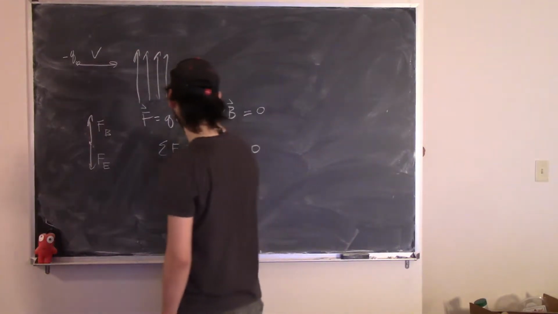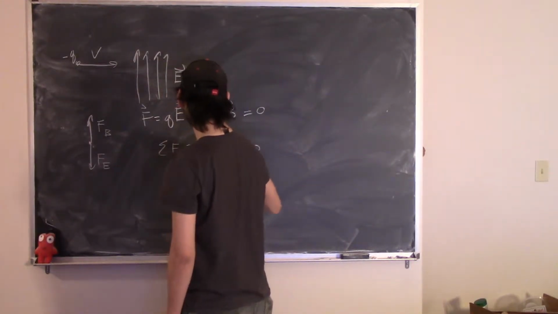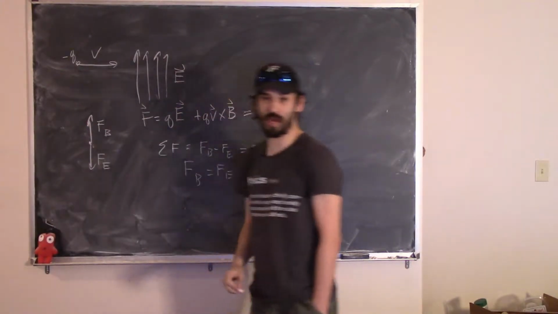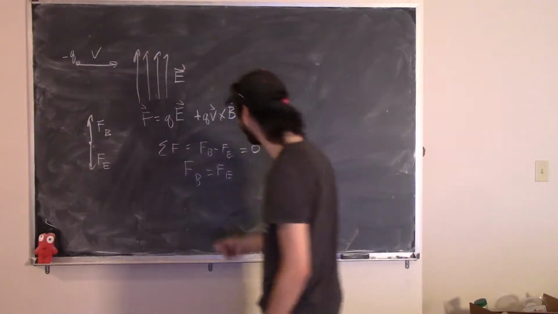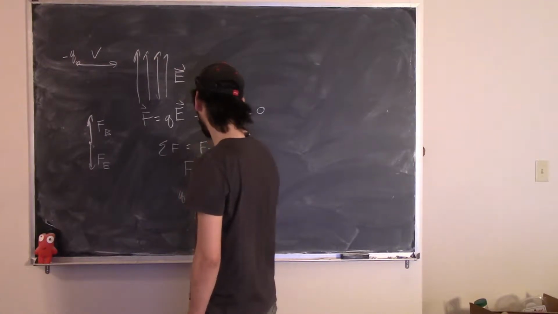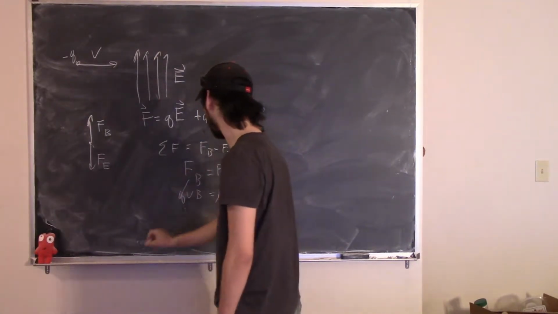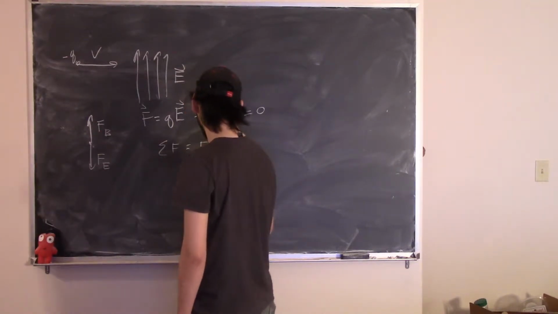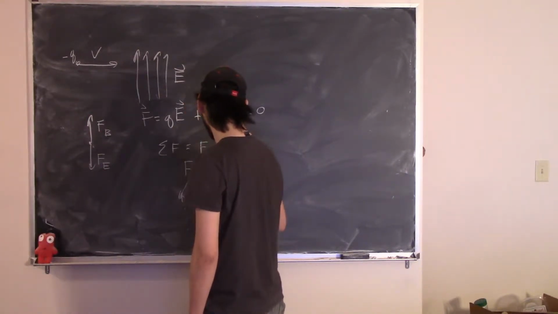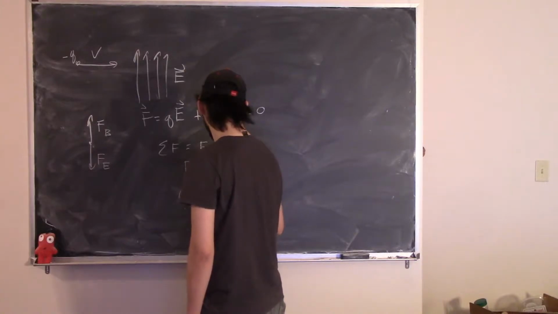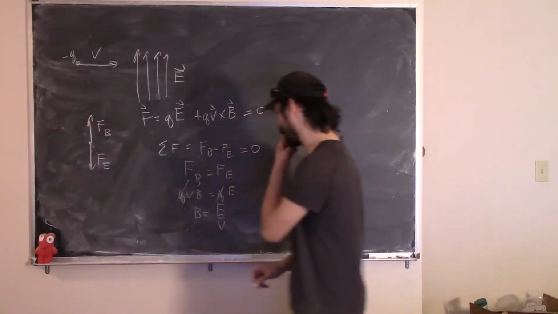That says that Fb as a magnitude is equal to Fe as a magnitude. And so QvB is going to be equal to Q times E. I can cancel my Q's, and so the magnitude of the magnetic field is just going to be equal to E divided by v. Okay.